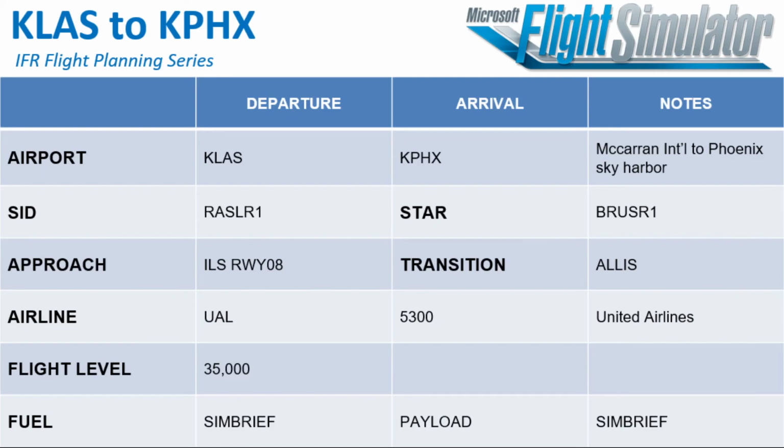We changed this and then transition via not Alice but Jagal or Juras, right? And then airline is UAL 5300. Flight level we select 35,000 feet. Fuel and payload, we do it in SimBrief, so they give us something. We'll see about that. I don't mind if they give some numbers randomly.